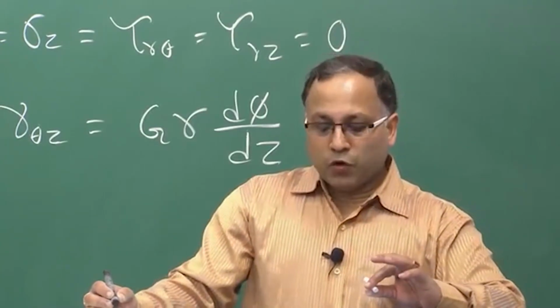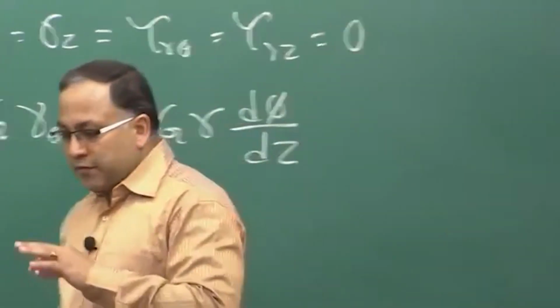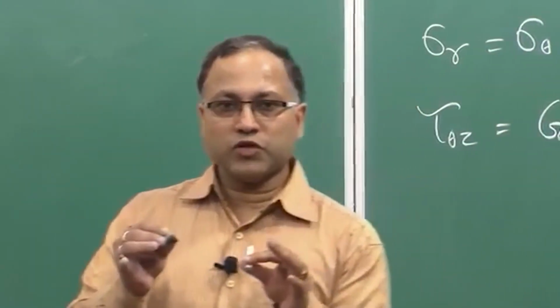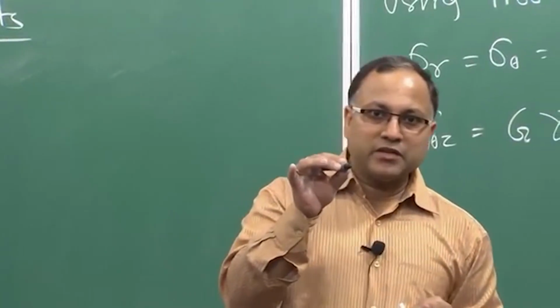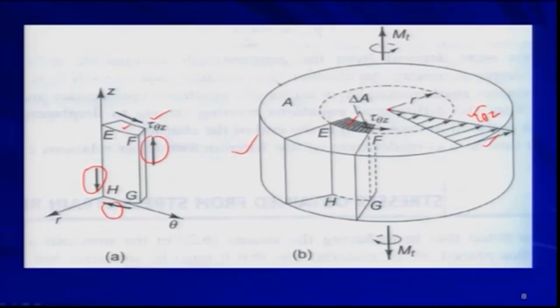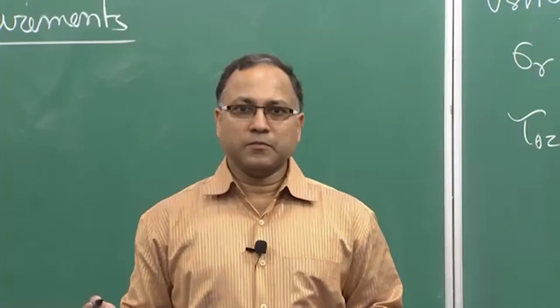Therefore, the shear force developed on that area is tau theta z into delta A, the shear force acting on that small element. This shaded area is delta A. Now, if you integrate over the whole area, that will try to balance the applied twisting moment, agreed or not? That is very simple.